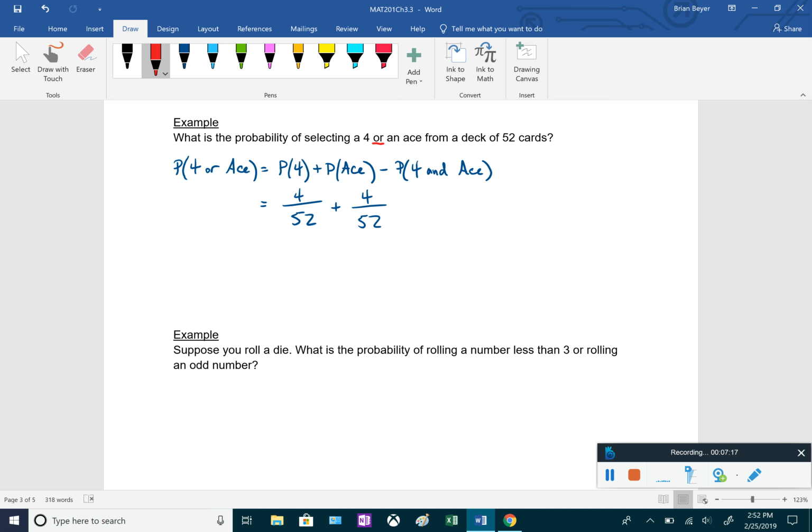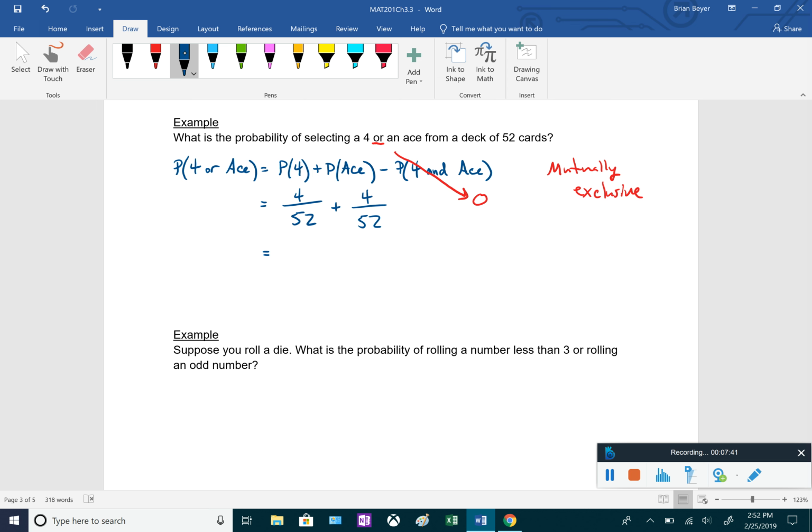So we're choosing one card here. The probability of the card being both a 4 and an ace is 0, since a card cannot be both. Those are mutually exclusive events, so the probability of 4 and ace is 0, and that term cancels off.